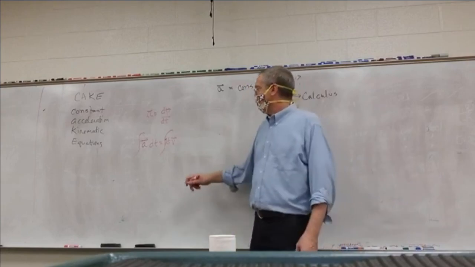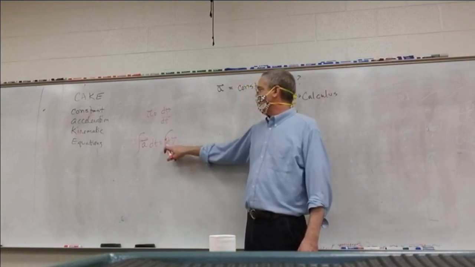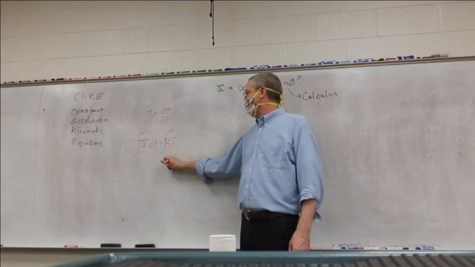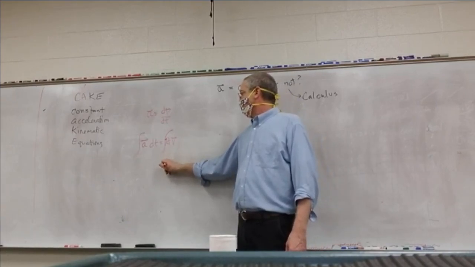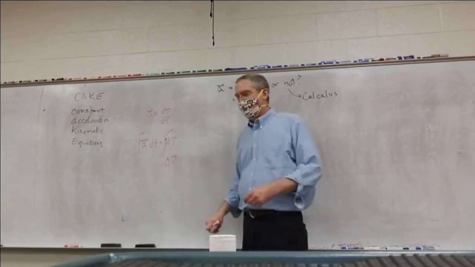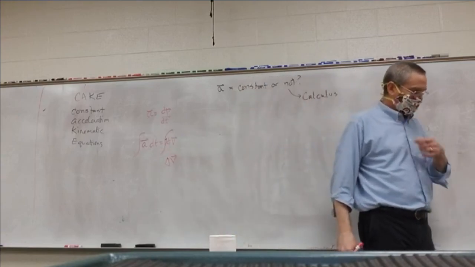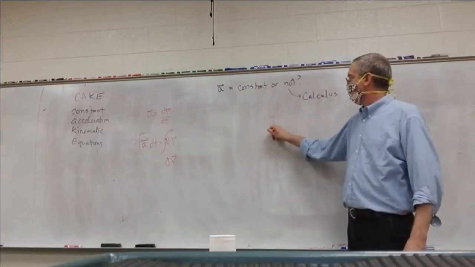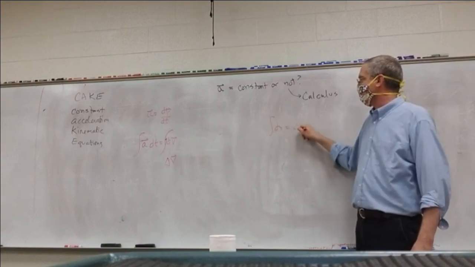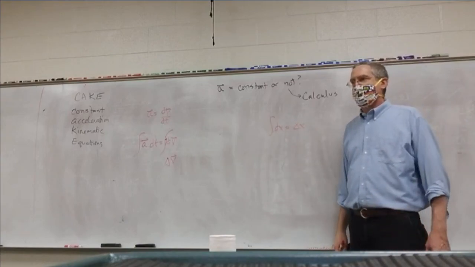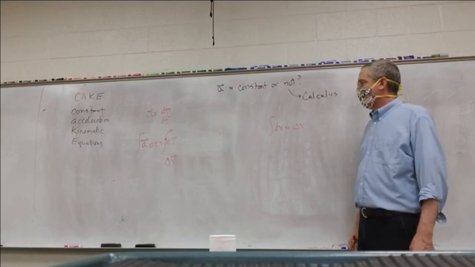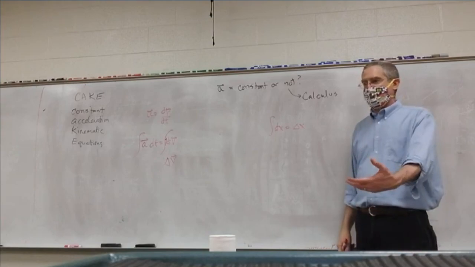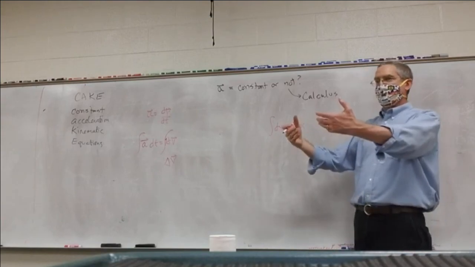So what happens here is that if I do the antiderivative of dv, what I end up with is a change in velocity. The antiderivative of dx is delta x. Now, you go from some initial x to some final x, it's just the change.